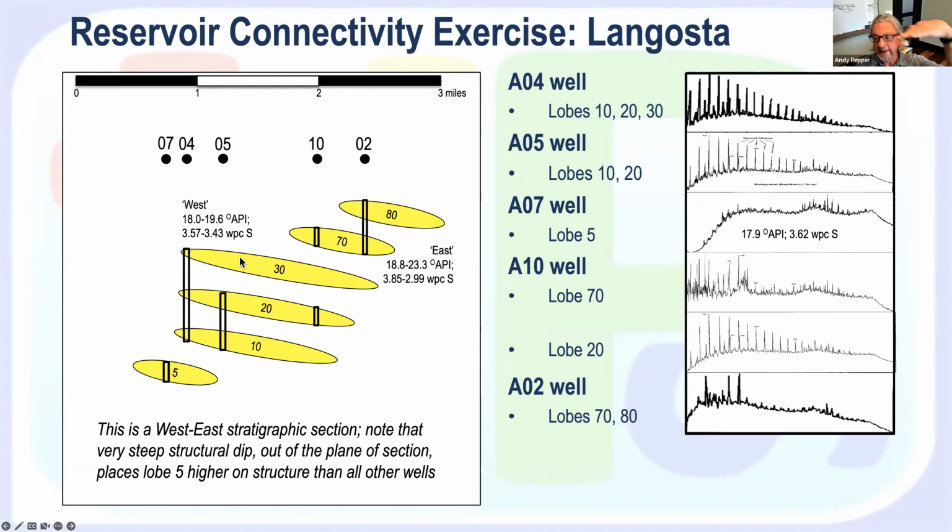It's really difficult to figure out where the parent chimney is coming into the field, but once it gets in, the top of the column leaks down through the bottom seal into these, and then eventually leaks laterally and upward into these shallower lobes.